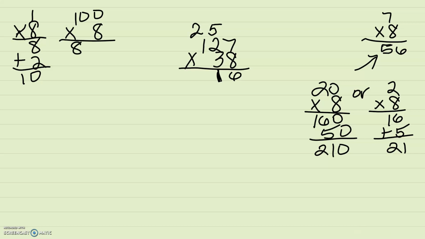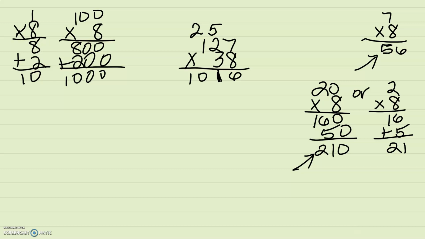And 100 times 8 is 800. And then we had the 2 from our 210, which was 200, so we add our 200 to our 800, and we would get 1,000. And if we put 1,000 here, so 127 times 8 is 1,016.